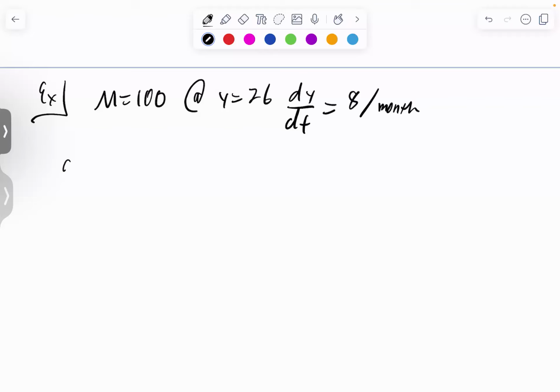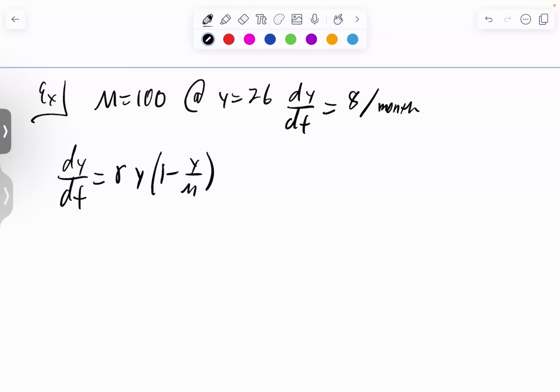So if we go to our equation, dy dt, and I'm going back to the original one from our notes, this is going to be ry times 1 minus y over m.